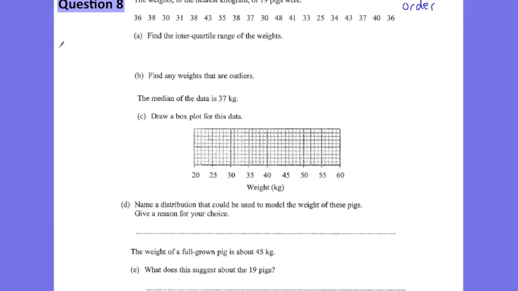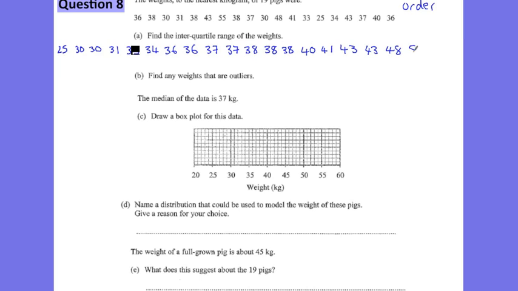So the smallest number here is 25. We then have 30, 30, 31, 33, 34, 36, 36, 37, 37, 38, 3 times, 40, 41, 43, 43, 48, and 55.